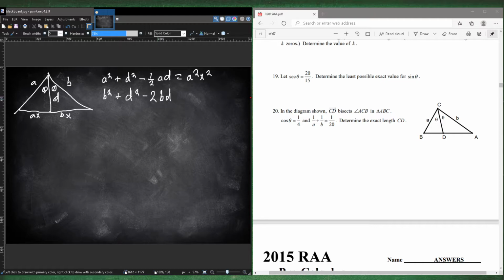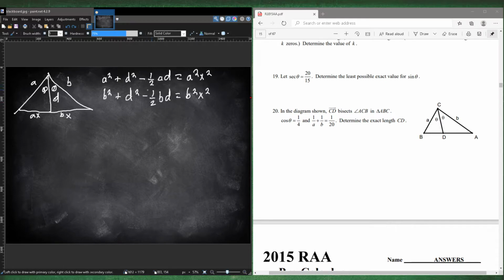Cosine of theta is 1/4, so negative 2 times 1/4 is negative 1/2 also, so negative 1/2 bd equals b squared x squared. I used cosine of theta twice for these two triangles.